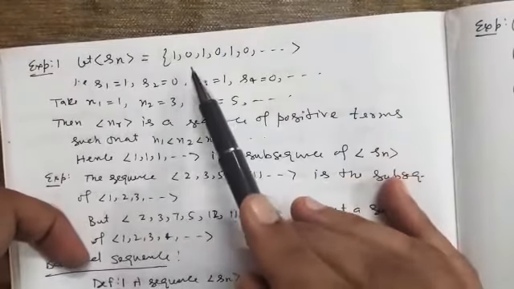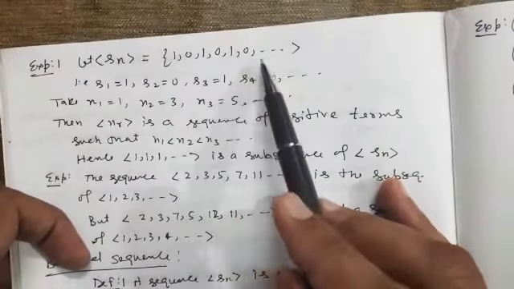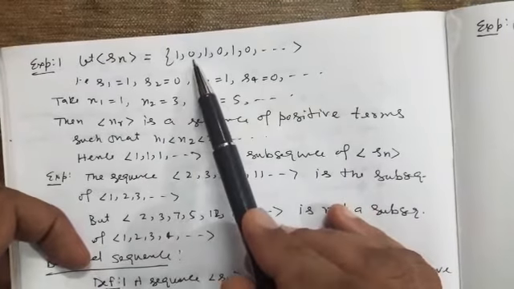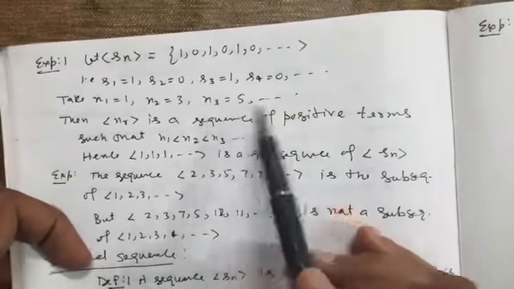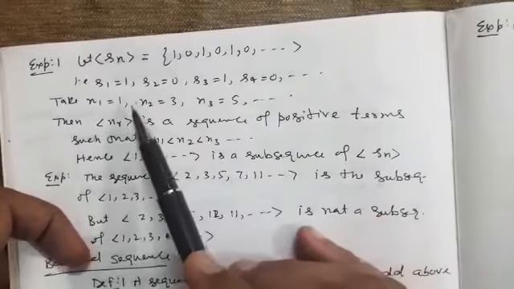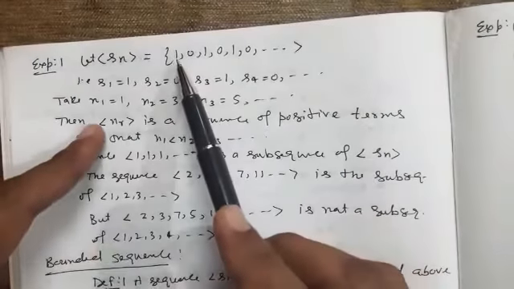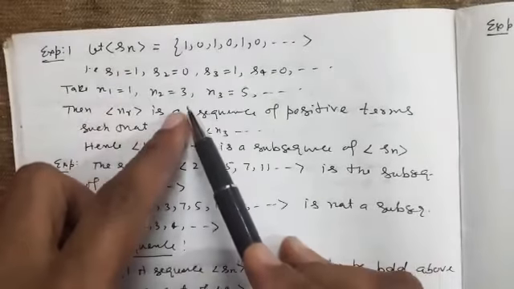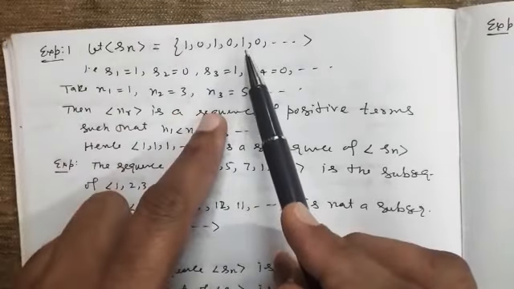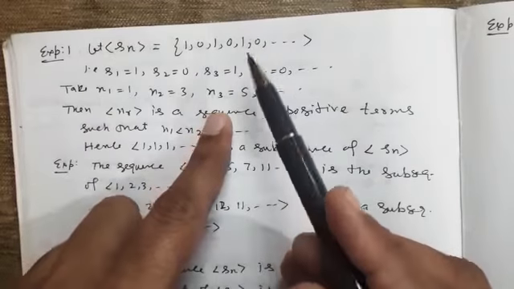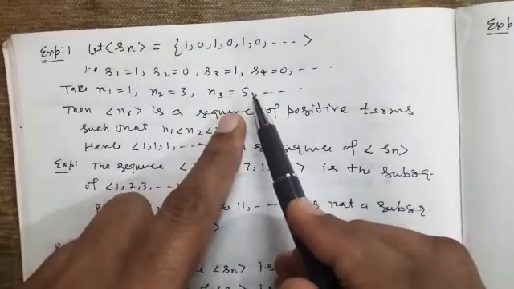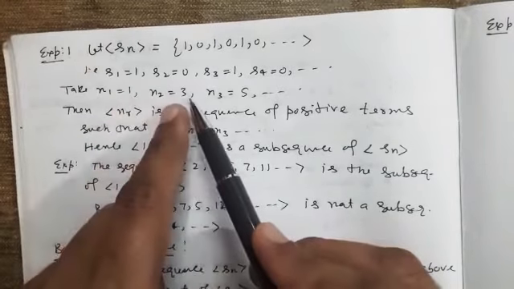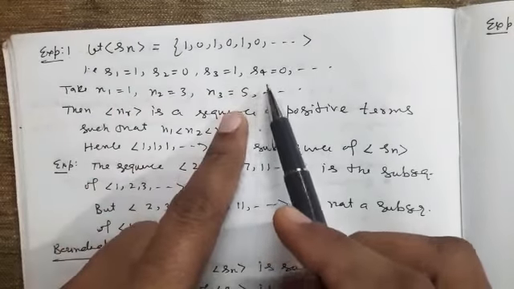If Sn is the sequence 1, 0, 1, 0, 1, 0, then you can say this is S1, this is S2, this is S3, S4 and so on. So if we take n1 is 1, n2 is 3, n3 is 5, it means the first term, third term and fifth term.